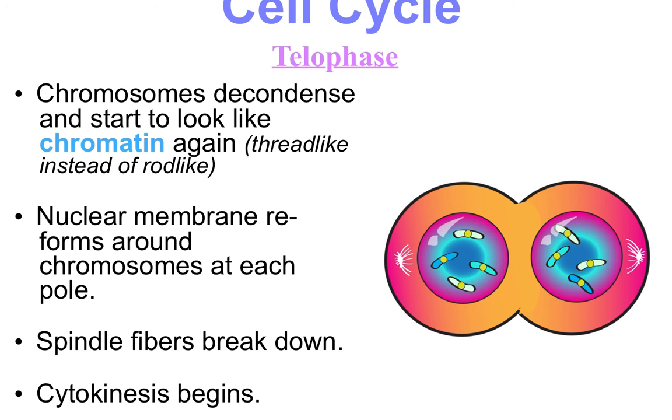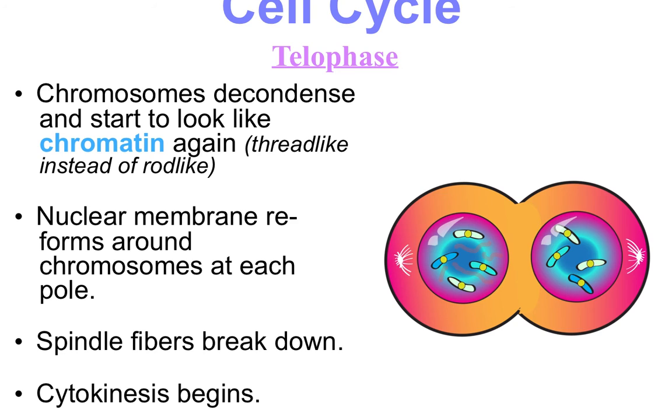In telophase, the chromosomes condense and start to look like chromatin again. Remember, chromatin is like a little thread-like material. When the cell's just hanging out, you don't see the actual chromosomes in them. It's just relaxed. They're not condensed. They're thread-like little rods.